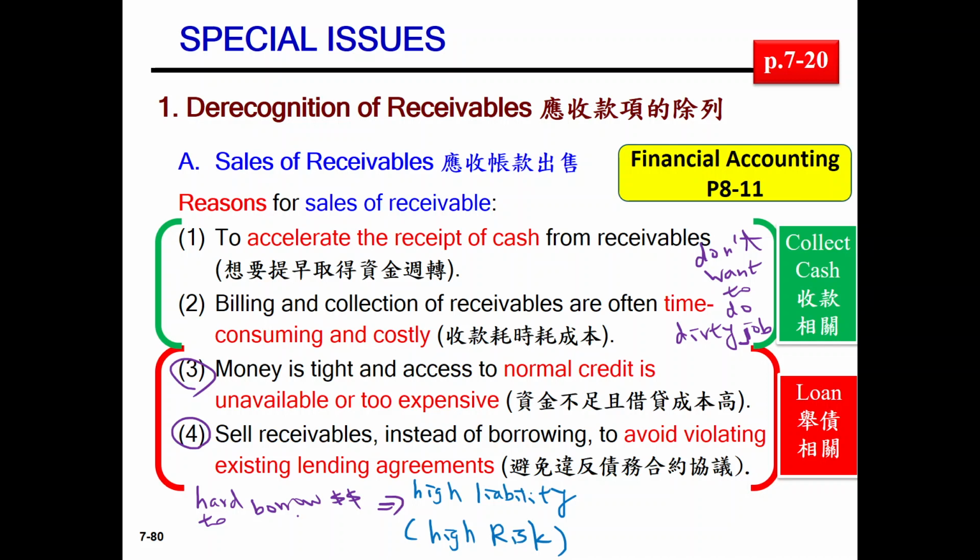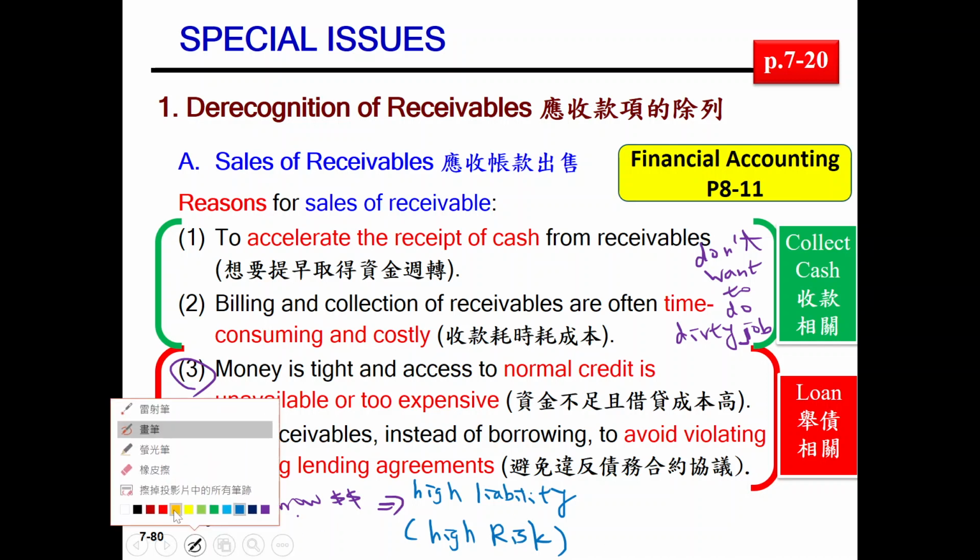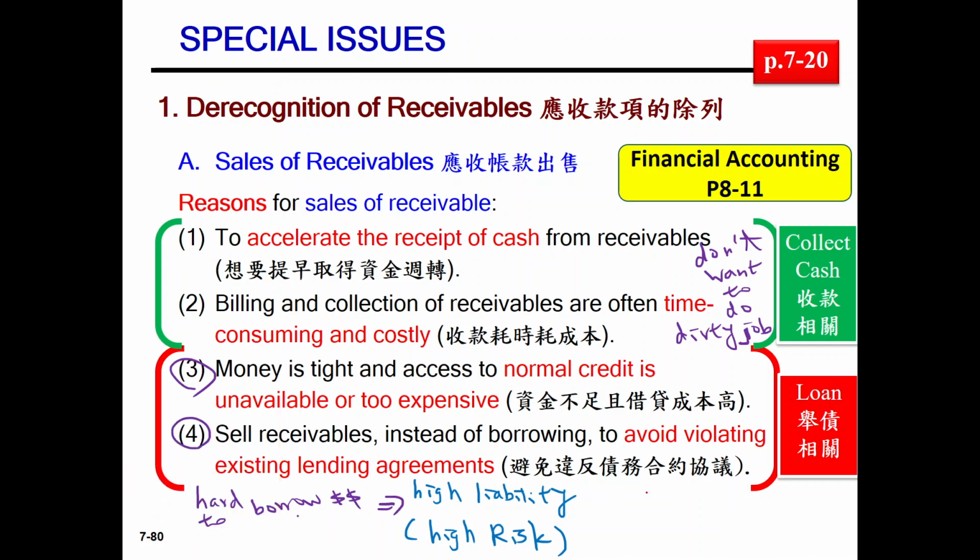Okay? So because you may have to pay high interest expense, that's why you decide, okay, maybe we don't do that. We just sell our receivables, and try to find the money another way.